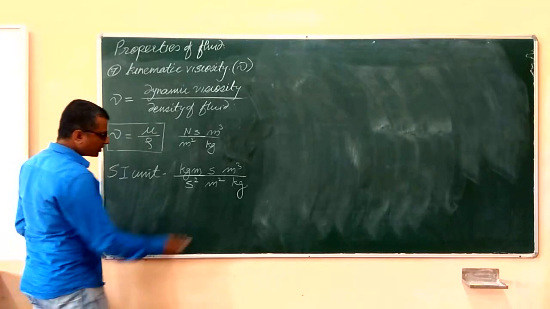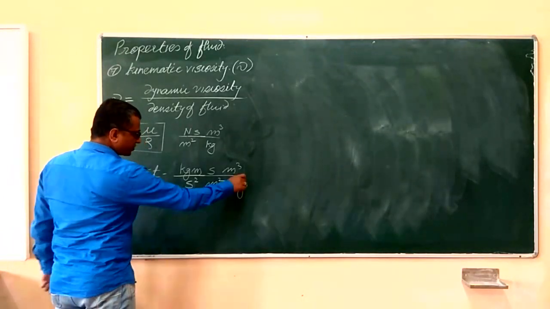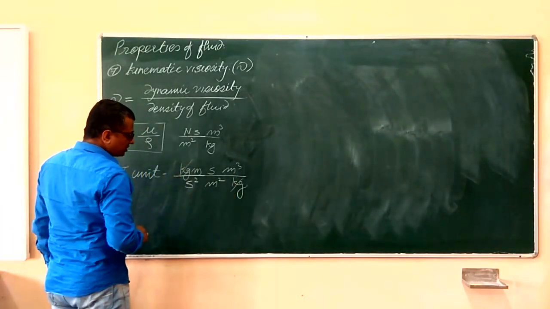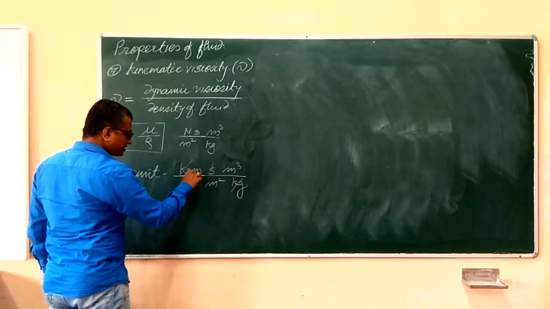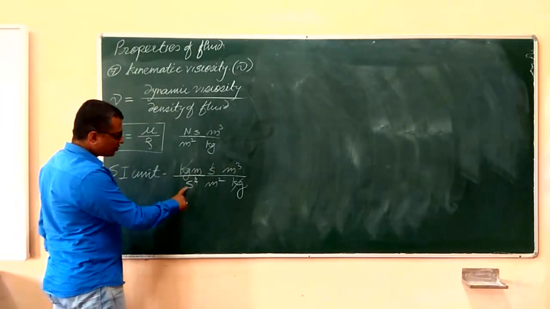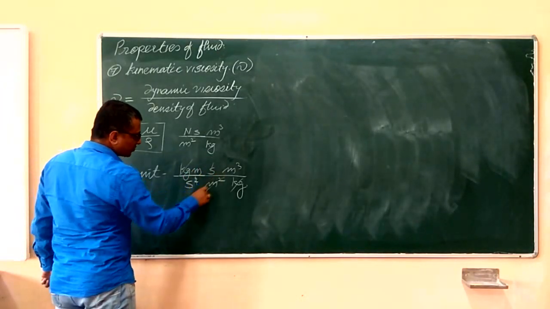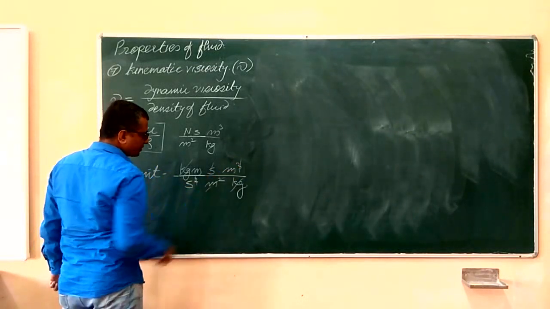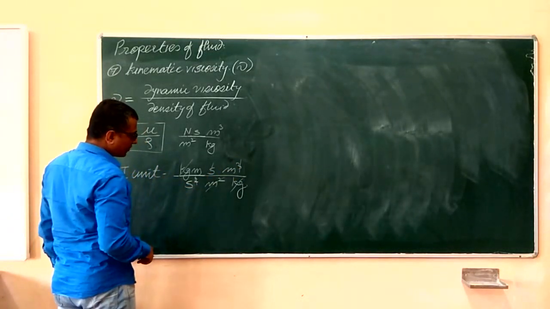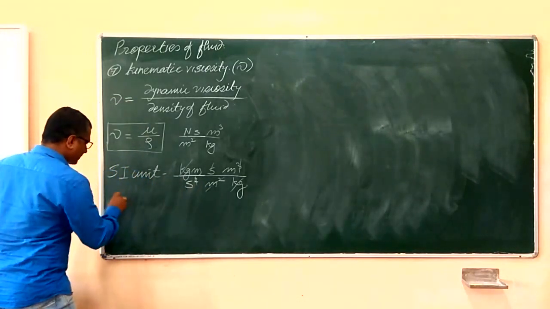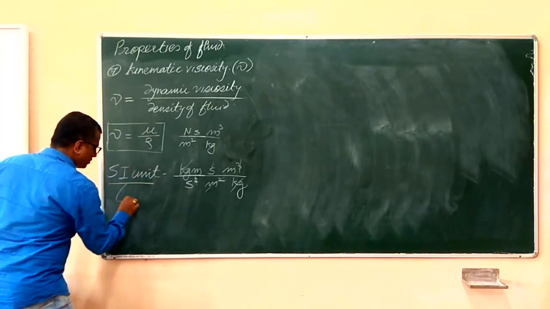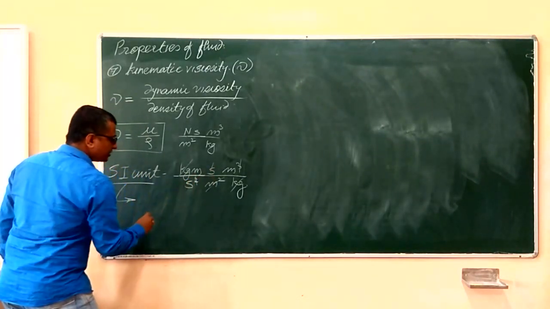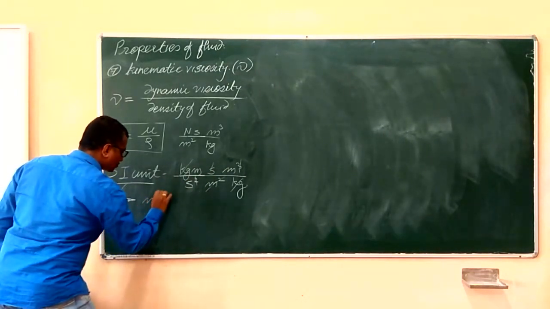So let us see which terms get cancelled. The kg will be cancelled. Out of second square and second, one second is cancelled, and out of the meter cube and meter square, two meters get cancelled. What remains is meter square per second.